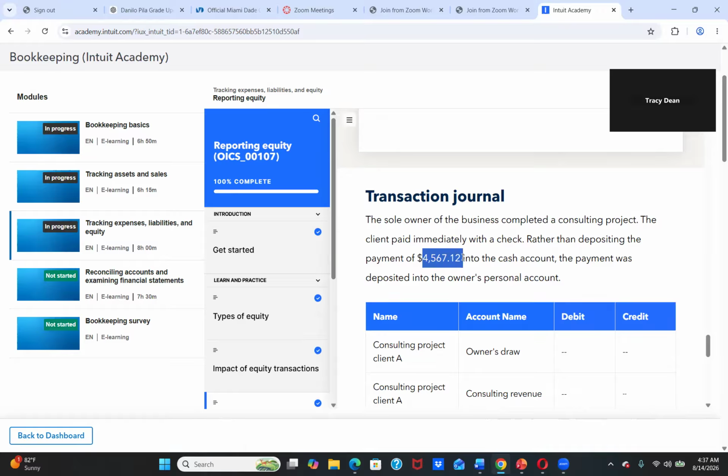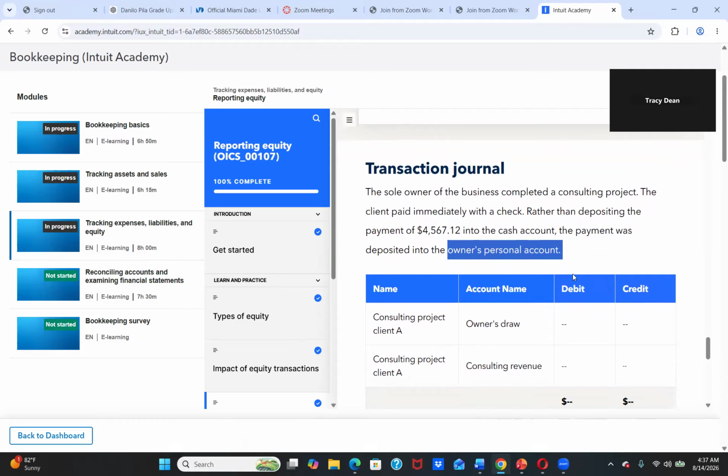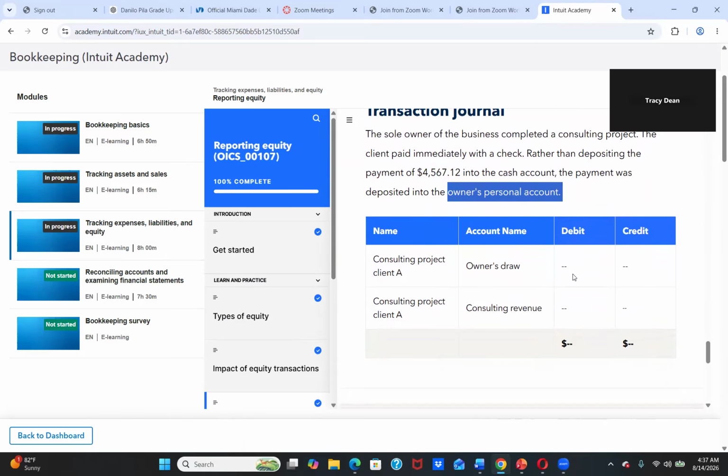So what the owner did was take the money and put it into his personal bank account. Notice his personal bank account. So they're trying to say to you, what do you do to fix this problem? He put it in his bank account instead of into the company.